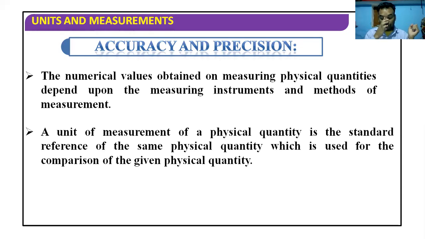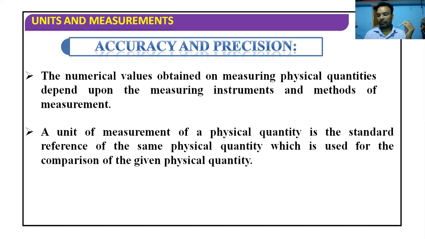If we take accuracy, how accurate a particular value is, accuracy can be defined as the numerical value obtained on measuring any physical quantity, which depends upon the measuring instruments and the method of measurement.